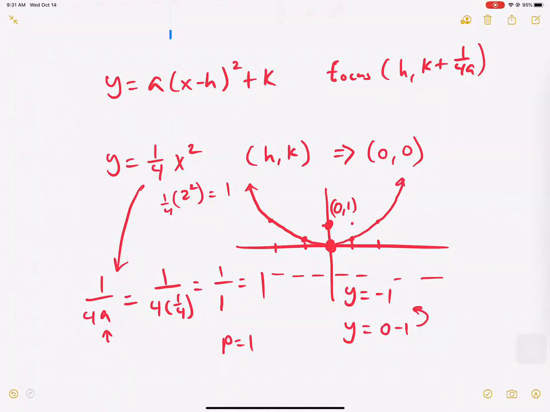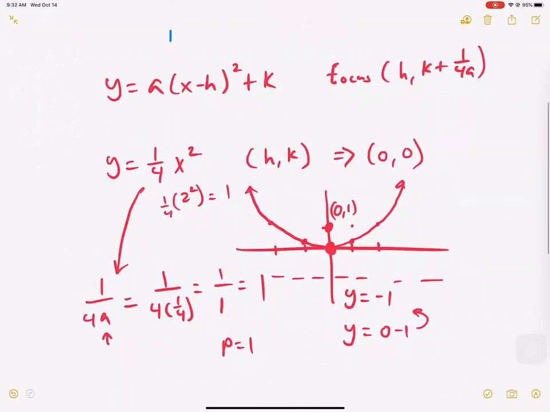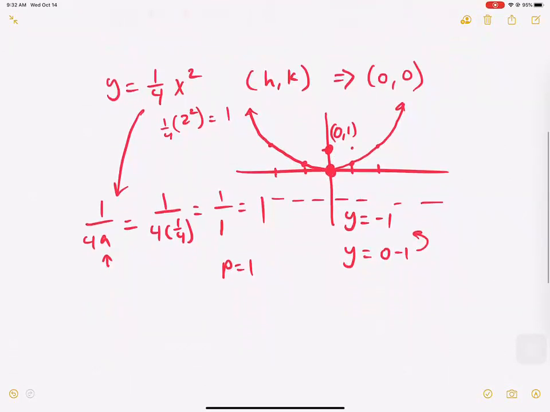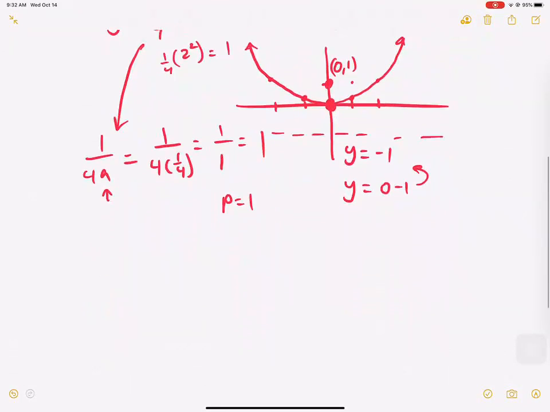So the big equation that you can use, if you're looking for, is this equation here. That's a distance away from our vertex. Now, why is it looking like this?